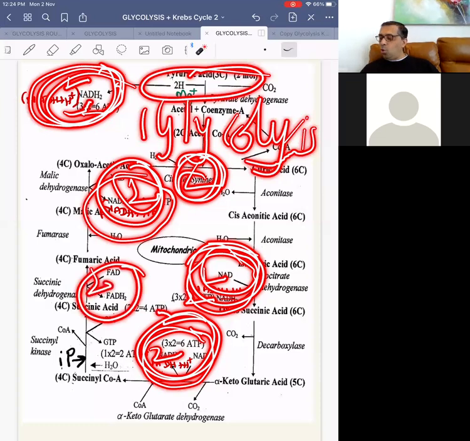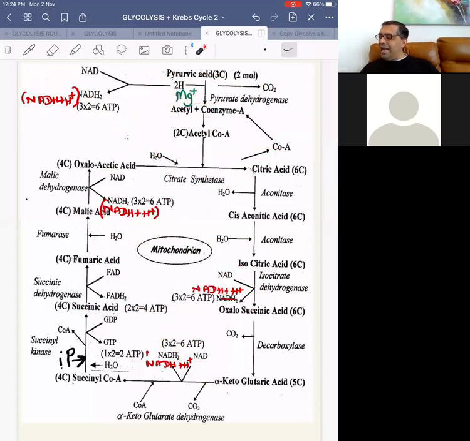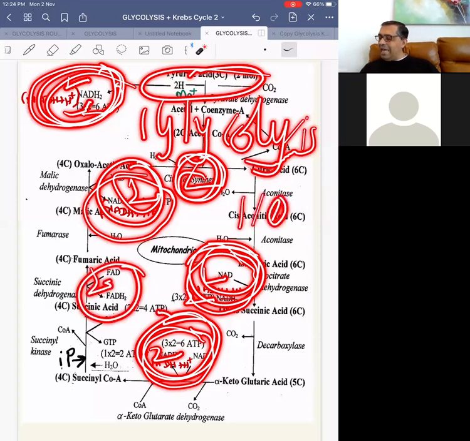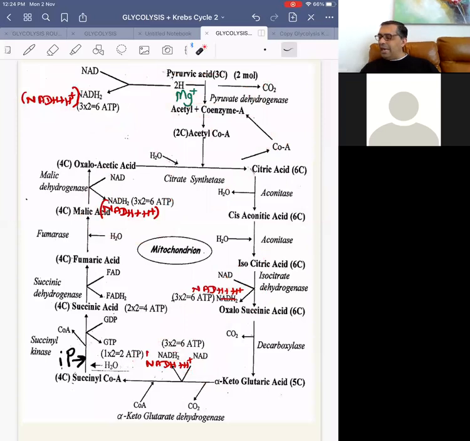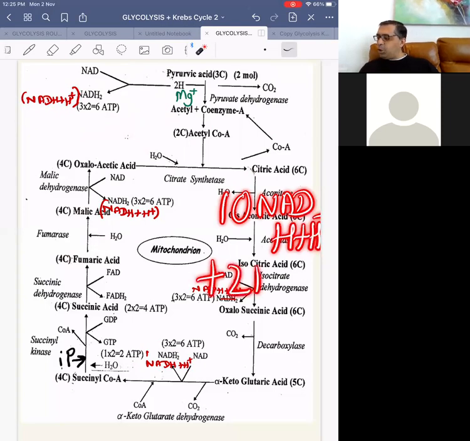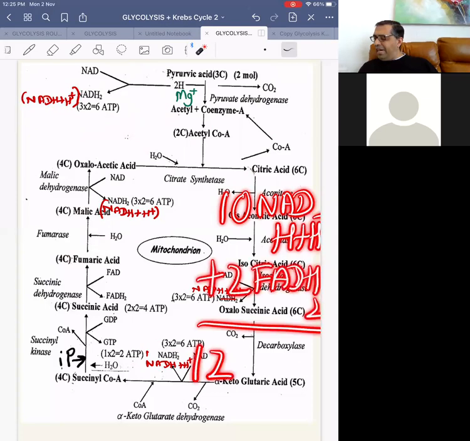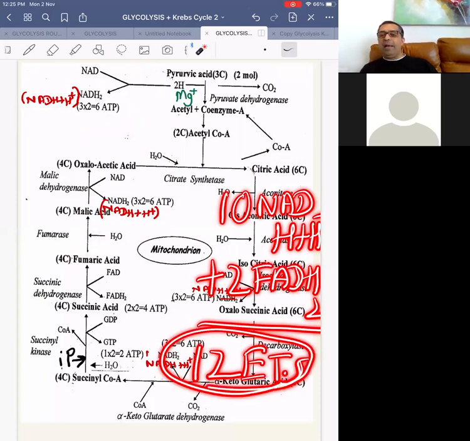So we have a total of 10 NADH plus H plus and 2 FADH2, all undergoing ETS, which means a total of 12 ETSs will take place. Total how many ETS will take place? 12 times ETS will take place.